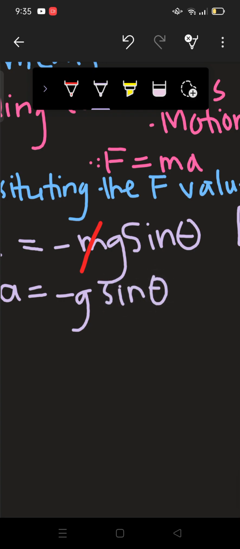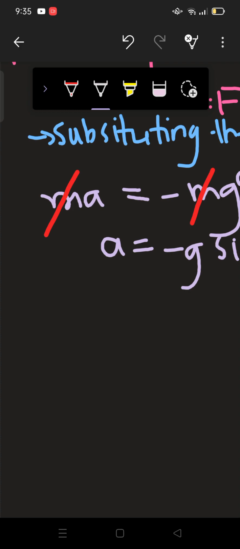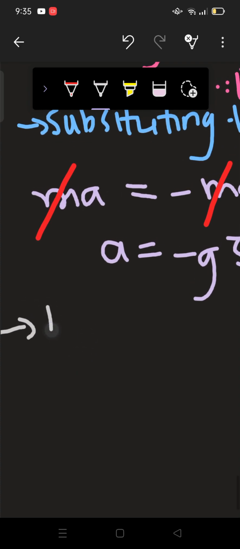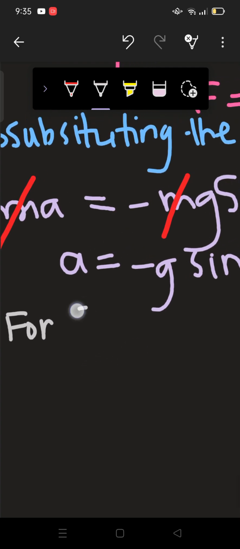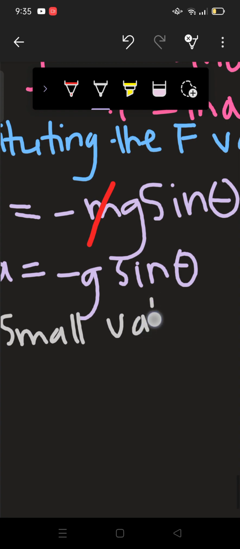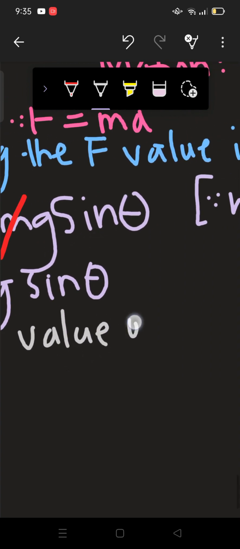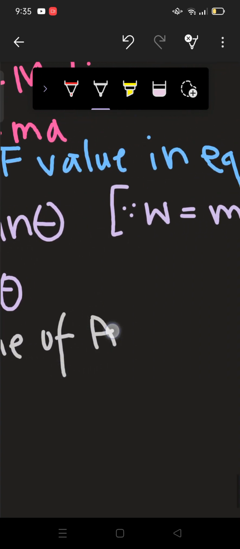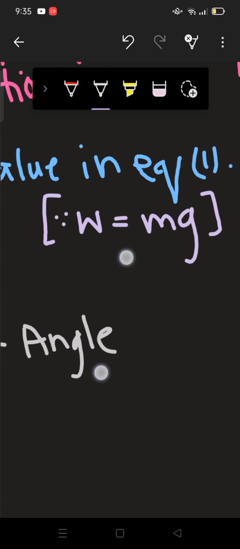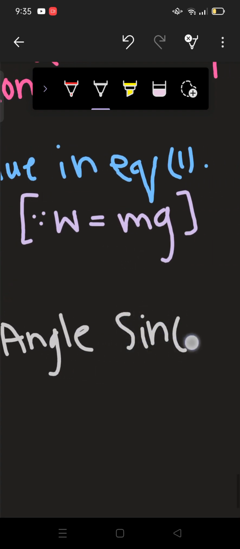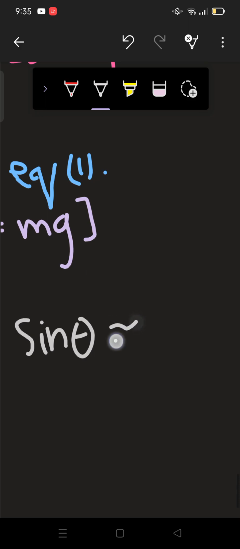Now see, for small values of angle, this is a very important point, you must understand it, since you will get this line in a lot of board books. For small values of angle, sine theta is approximately equal to theta.